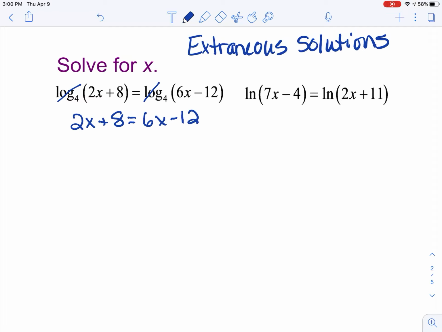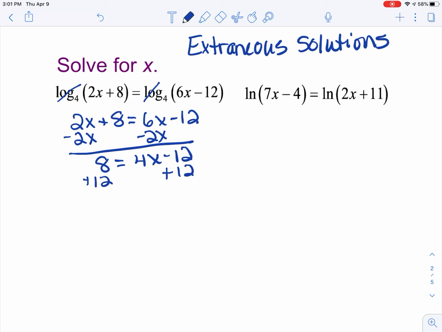I just set up what they have equal to each other. And now we solve. Subtract 2x. So 8 equals 4x minus 12. Add the 12 over. 20 equals 4x, divide by 4, and x turns out to be 5.